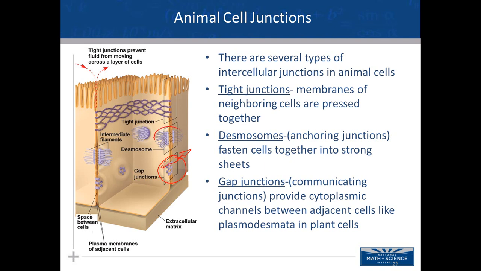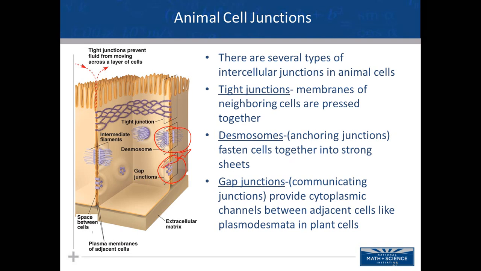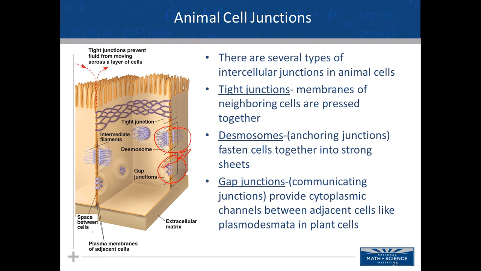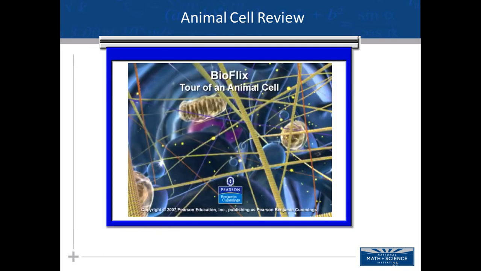These are the desmosomes, and I kind of like to think about desmosomes kind of like shoelaces in a shoe, in which they're kind of holding the two sides of the shoe together. All right, and then here are those tight junctions that are kind of more like rivets.